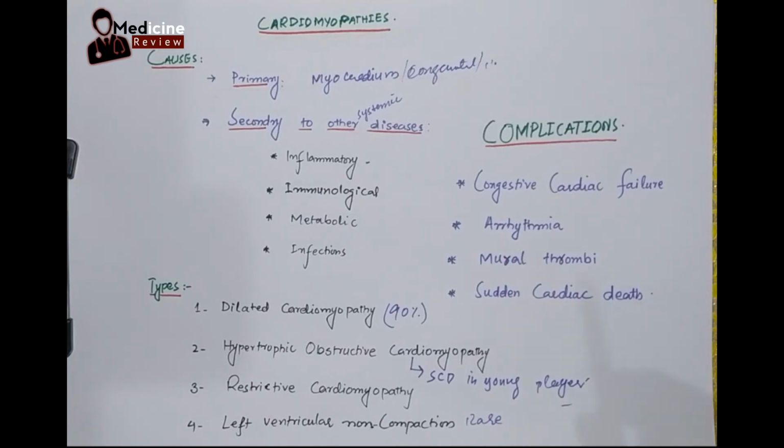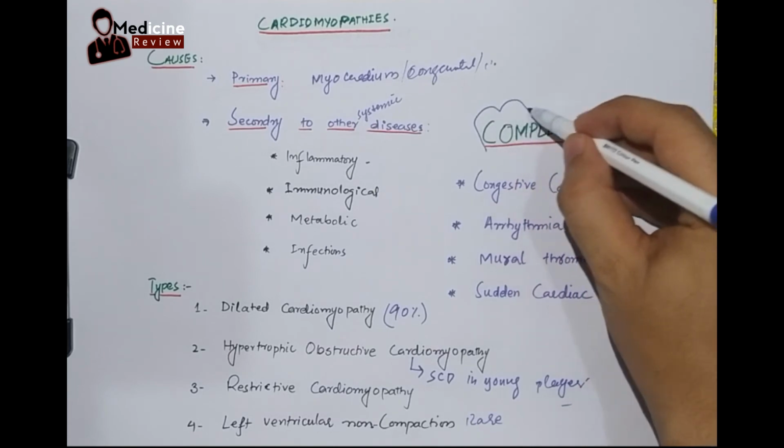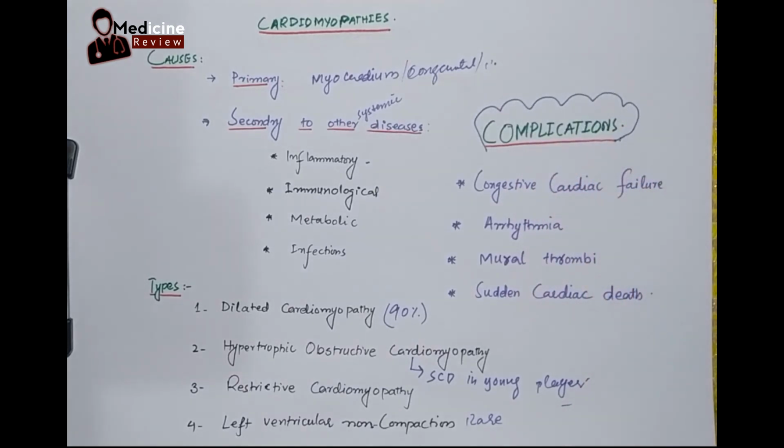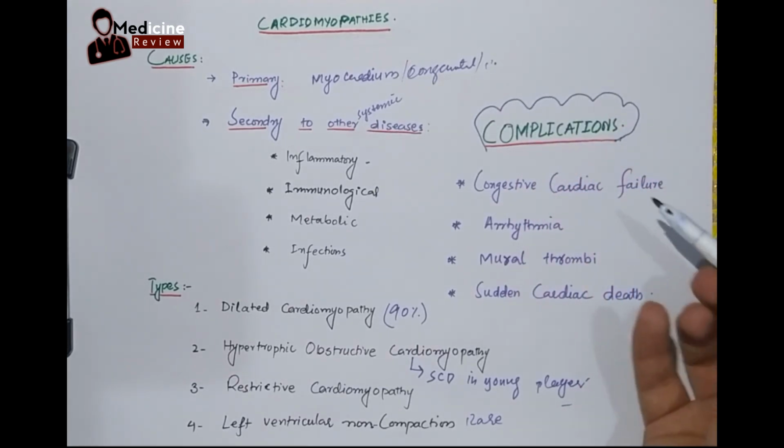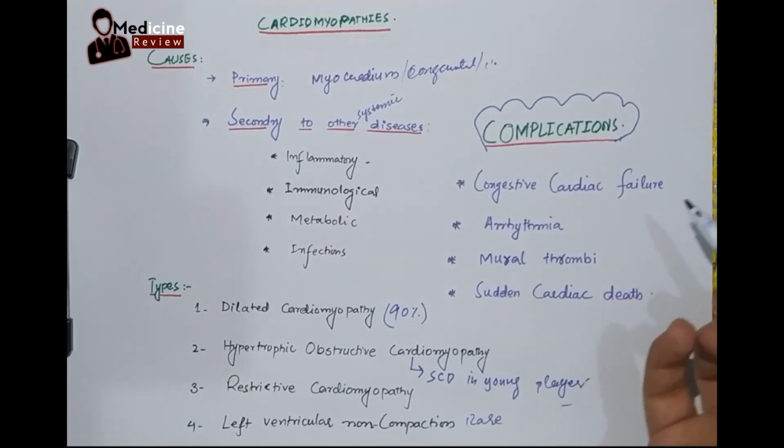Now if we look into the complications, it's very important to remember the complications of cardiomyopathies. The most important one is congestive heart failure. The heart fails to pump the blood either because of diastolic dysfunction or systolic dysfunction. There can be arrhythmia as a complication of cardiomyopathy.